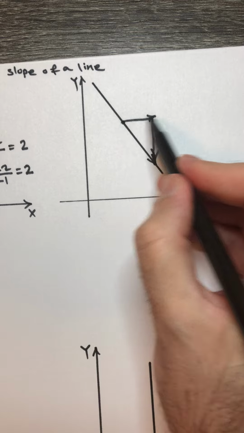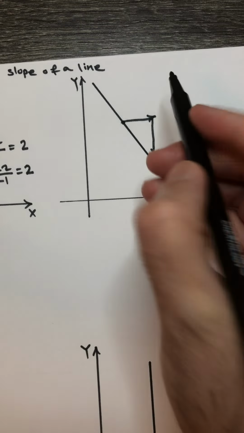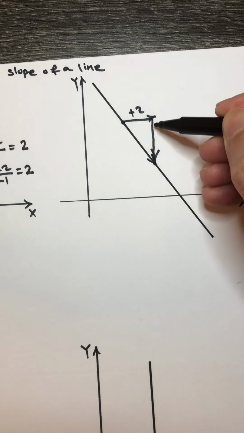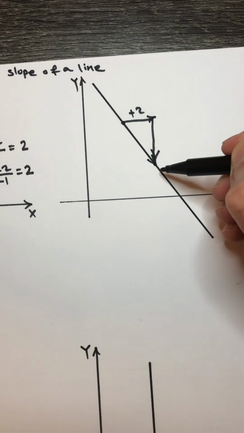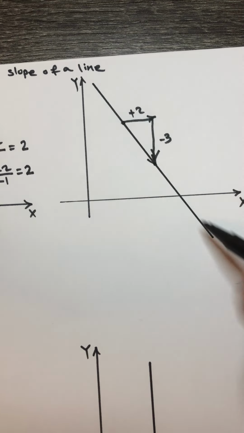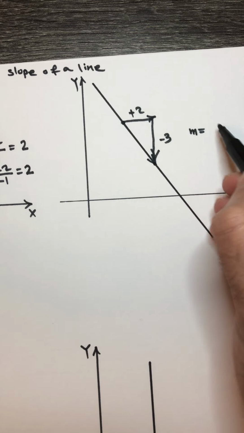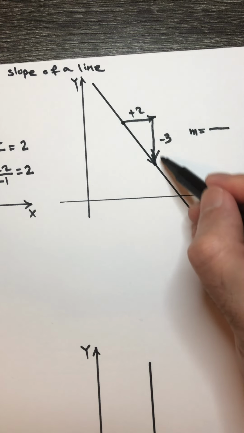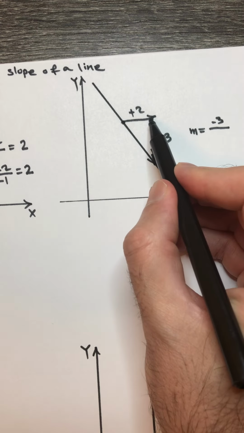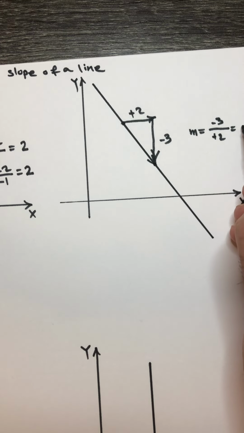Our horizontal movement is, let's say, 2 units to the right, so it is +2. And the vertical movement is 3 units downward, so it is -3. For this line, therefore, the slope is the ratio of the vertical movement, which is -3, divided by the horizontal movement, which is +2.